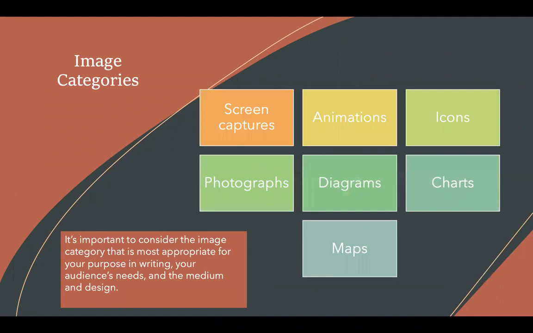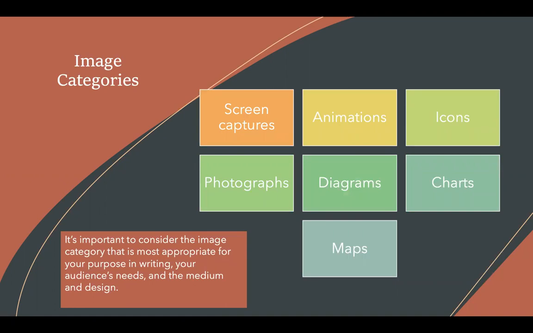Here are some different image categories. We have screen captures. So if you've ever taken a screenshot of a text message conversation, you have created a digital image. Animations, icons, photographs, and again, diagrams, charts, and maps are all examples of different image categories.